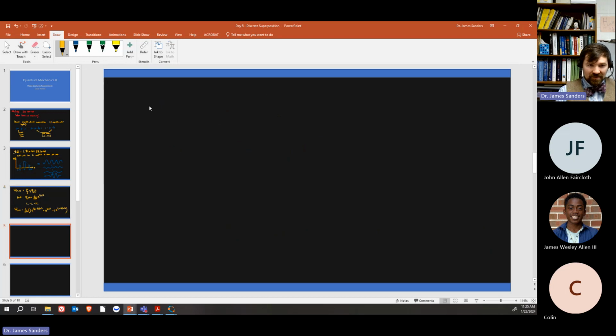To go from psi of x comma 0 to psi of x comma t, we use the Schrodinger approach, which is that this should look like, again summing over the j's, c sub j times p sub j of x, and then this phase-dependent term, e to the minus i E_j t over h bar.